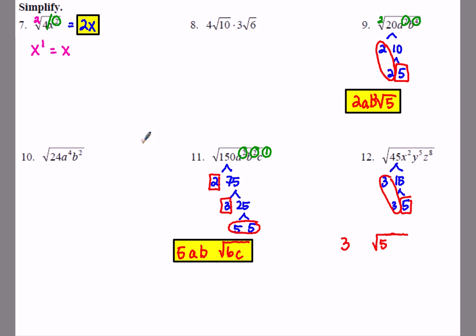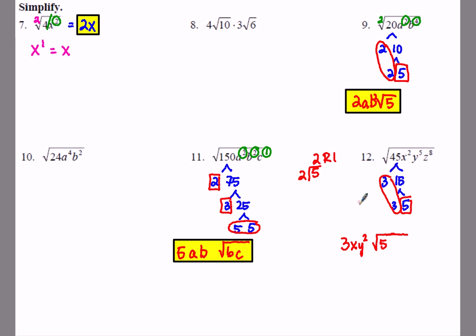And we're going to break up your x squared, your y to the 5th, and your z to the 8th. So for x squared, 2 divided by 2 is a 1. Y to the 5th, now 5 divided by 2 is actually 2 with a remainder of 1. So we're going to have a y squared on the outside.